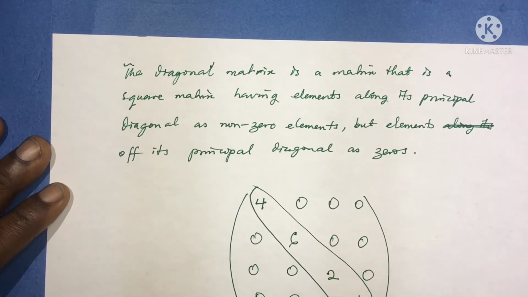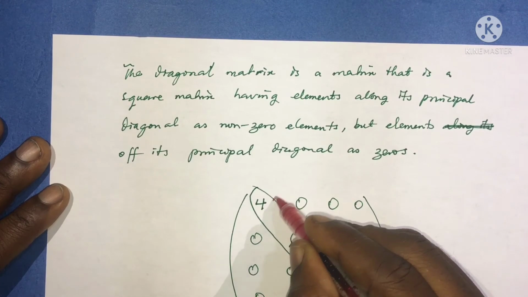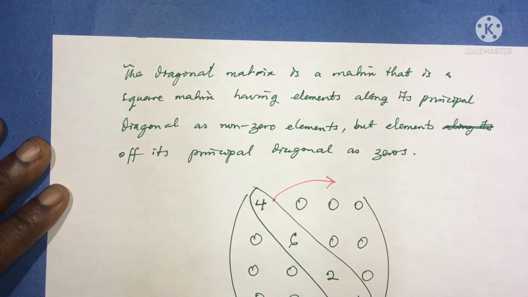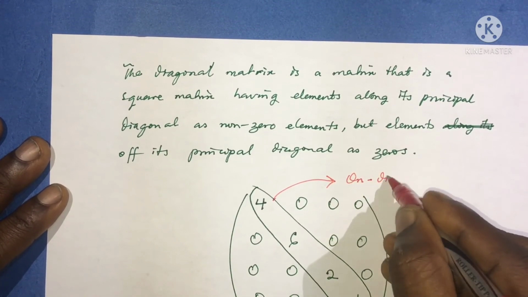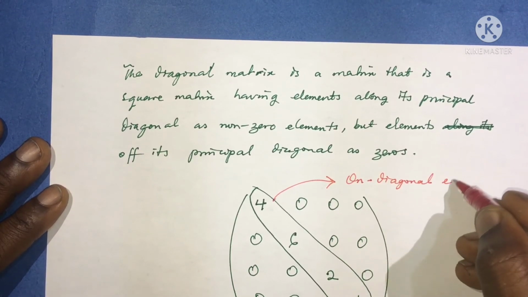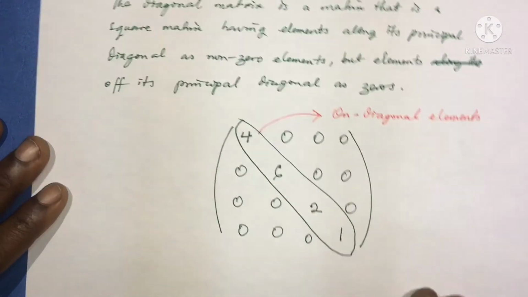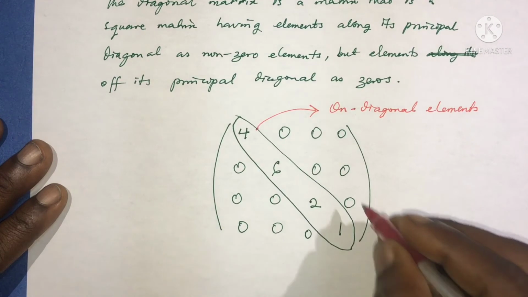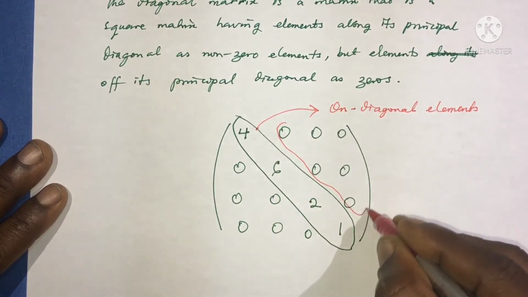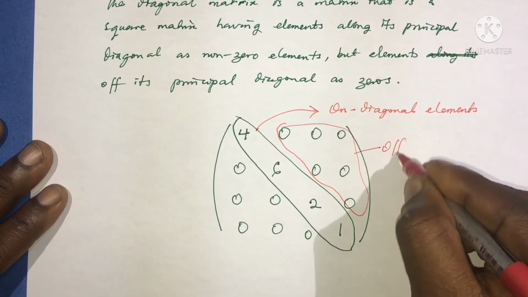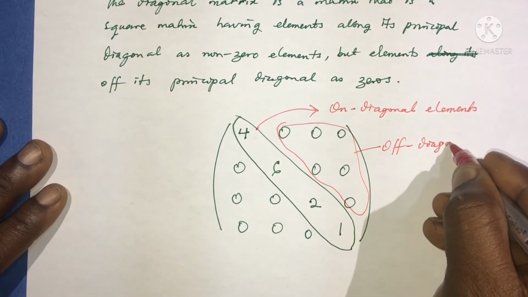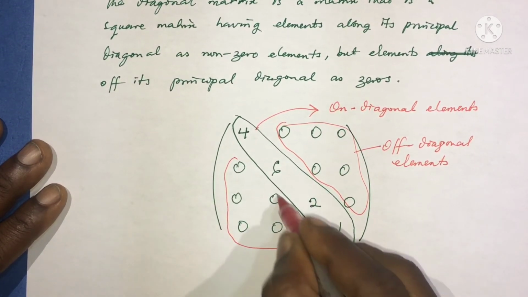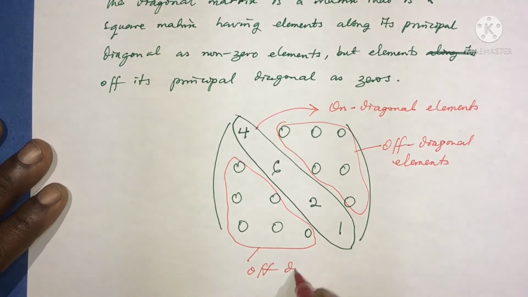Now, let me use this medium to explain something. These elements here, all these elements that find themselves along the principal diagonal are called on-diagonal elements, while the elements that are away from the principal diagonal, that is all these elements, all of them here, are called off-diagonal elements. Likewise, these ones are also off-diagonal elements.